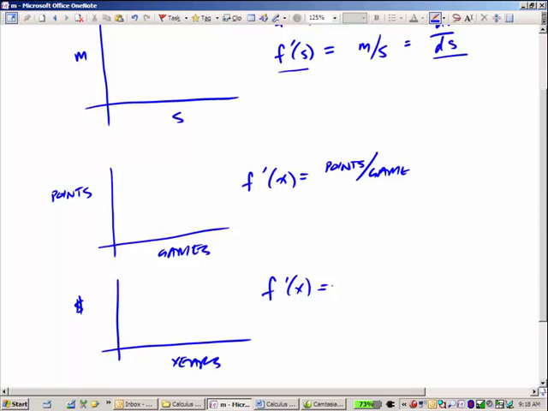What's the derivative of this function going to be measured in? Dollars per year, right? And Leibniz might write this as dp/dg for rate of change of points per game, or dD/dt for dollars per year. T is time, right?